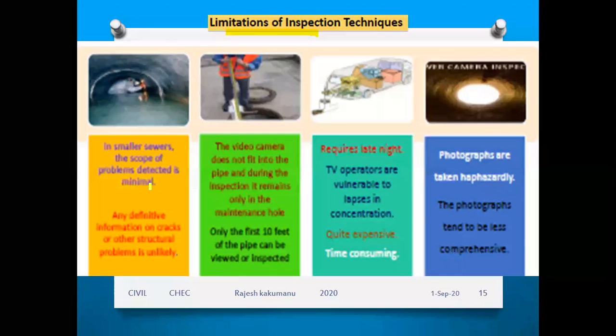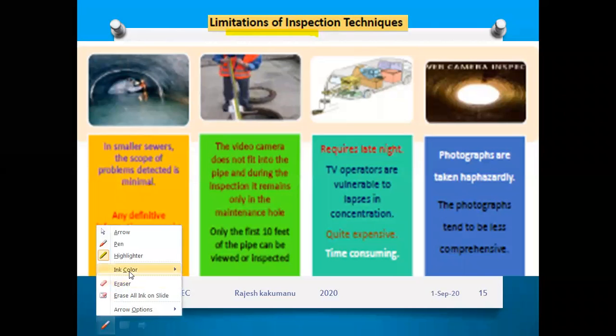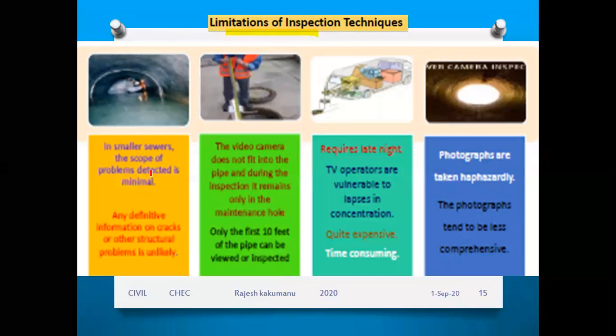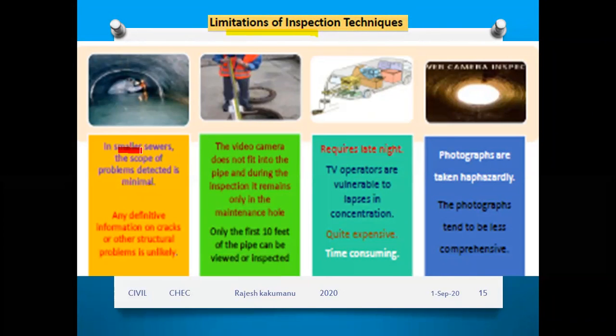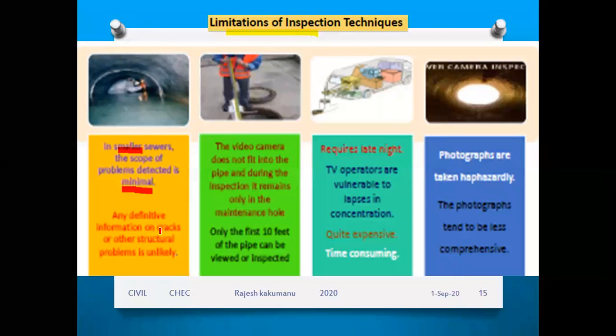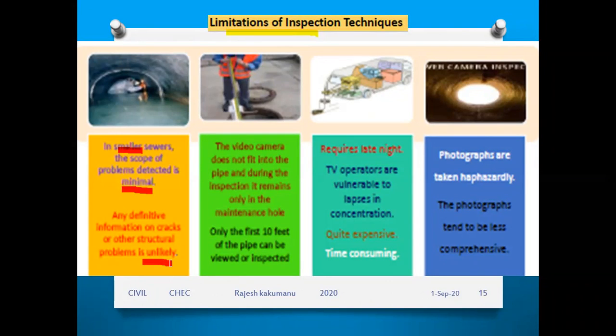In small areas the checking is very small, so we don't need to check much. In small sewer pipelines the detection is very small. If there is less, it is less; if there is more, it is more. So there is no need to go for deeper inspection techniques. Next, any definitive information on cracks or other structural problems is unlikely. You can easily detect whether there are any cracks on the surface, or ruptures, or any scale formation on the surface of the manhole or sewer pipeline.